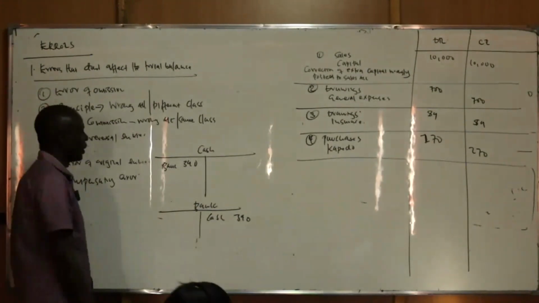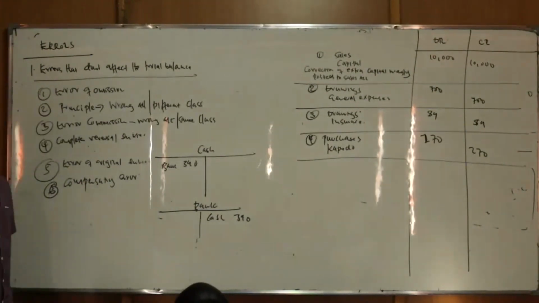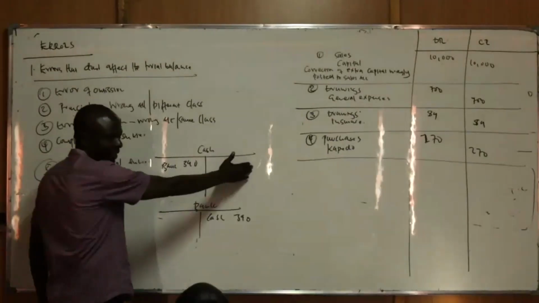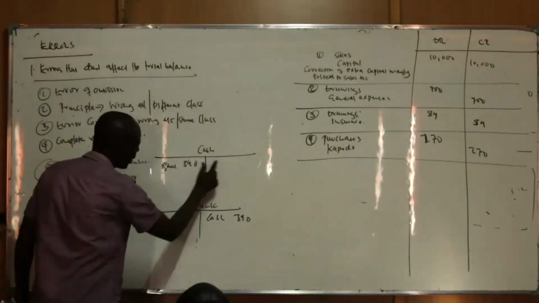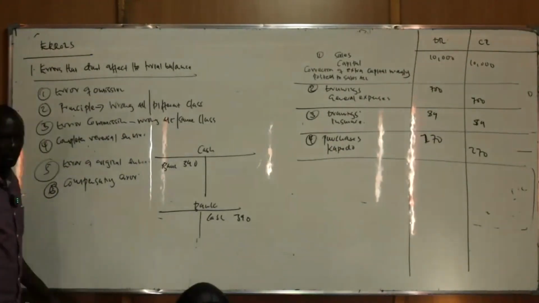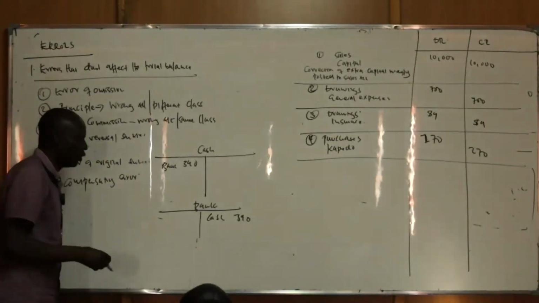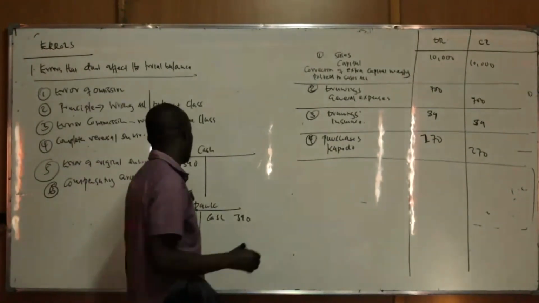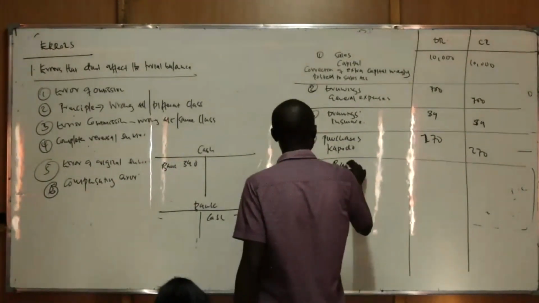So now how do you correct this error? You double this amount on this side, isn't it? You double the amount so that one amount cancels this one and another one is recorded the way it's supposed to be recorded, isn't it? So we're going to debit bank by that amount.